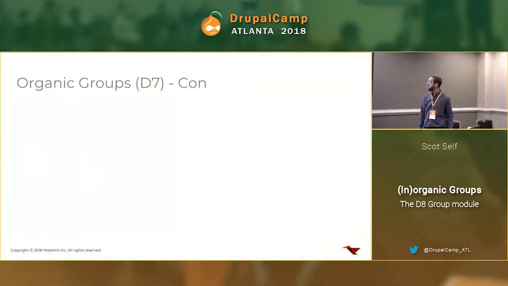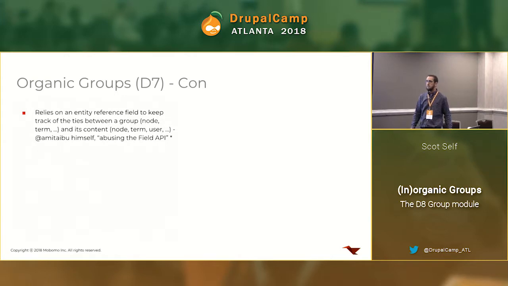And on the con side of organic groups, some of these aren't really cons, they're just the things that annoy people about it. It relies on entity reference fields to tie the group and its content. Amitai, one of the main maintainers of organic groups himself, specifically called this abusing the field API, because you have to add fields to enable that group functionality on a content type.